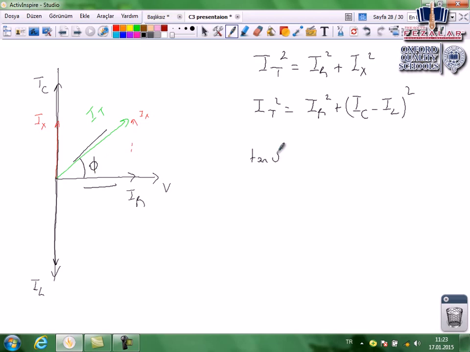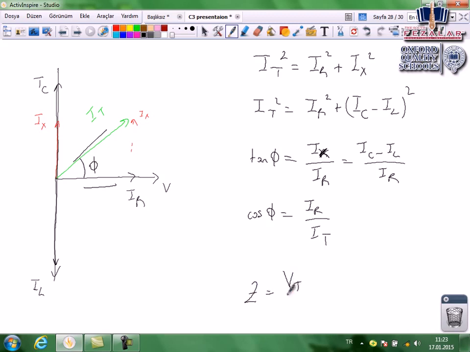Tangent phi will be opposite side over adjacent side, it is IX over IR. We can rewrite it as (IC minus IL) over IR. And cosine phi will be adjacent side over hypotenuse, meaning IR over I total. Here impedance also can be calculated by V total over I total.